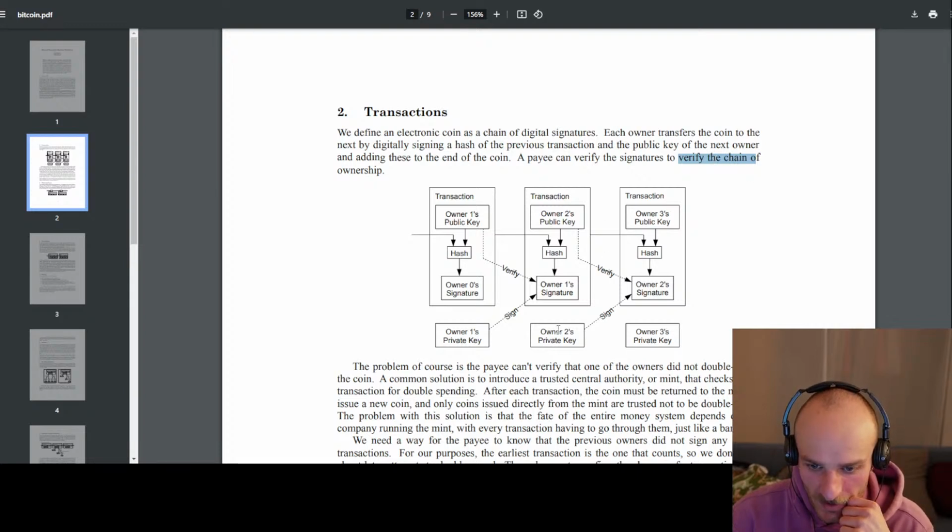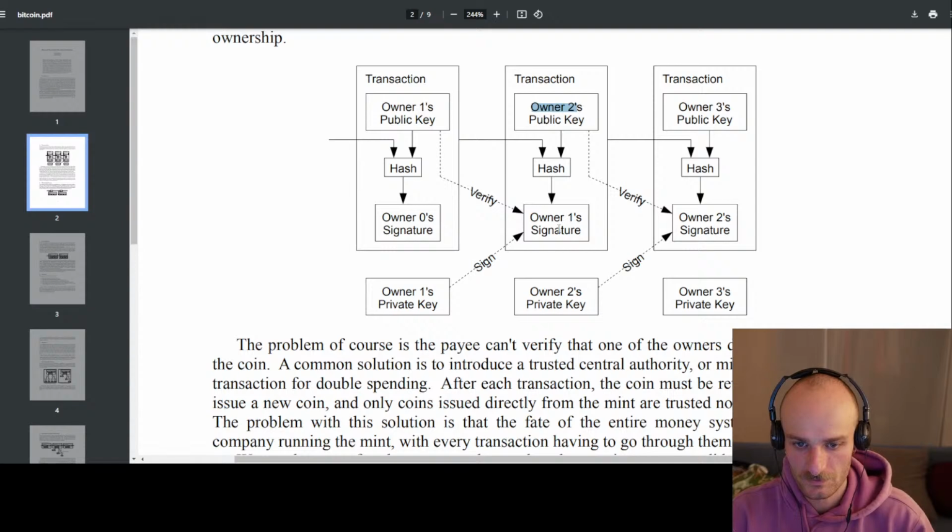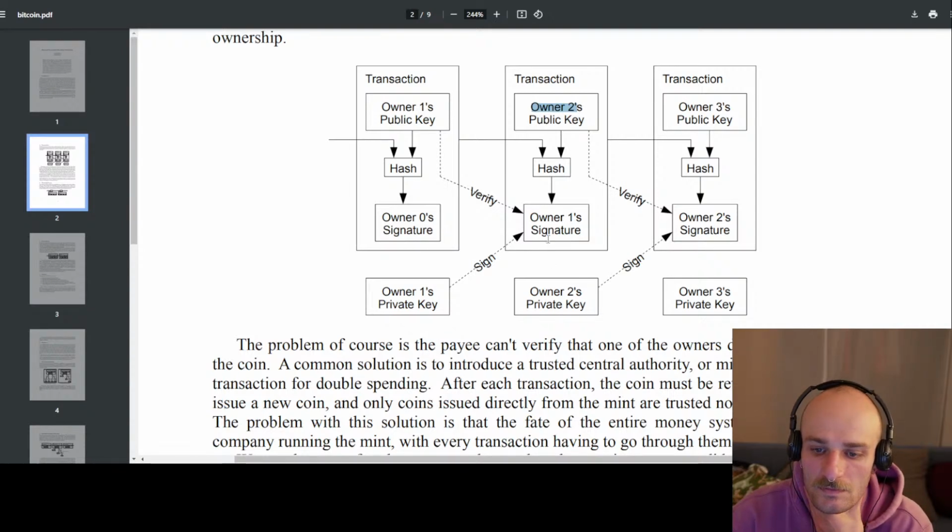So here we have a nice schema. We will start from owner 2. Owner 2 wants to pay owner 3.